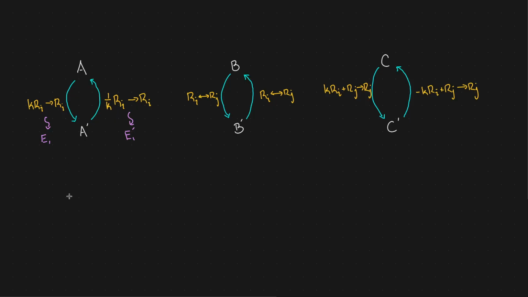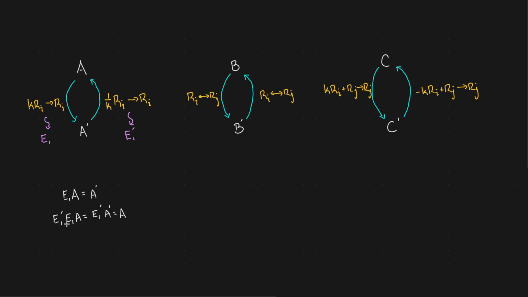So what this means is if I take matrix A and apply elementary matrix E1, that will get me to A prime, right? Then from A prime, if I apply elementary matrix E1 prime, that takes me back to my original matrix A.